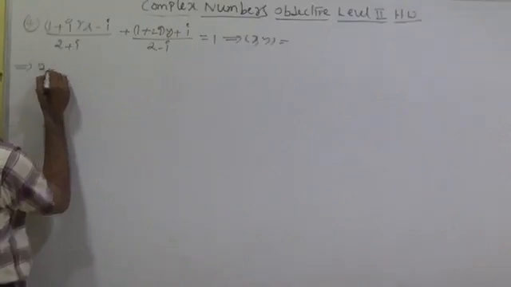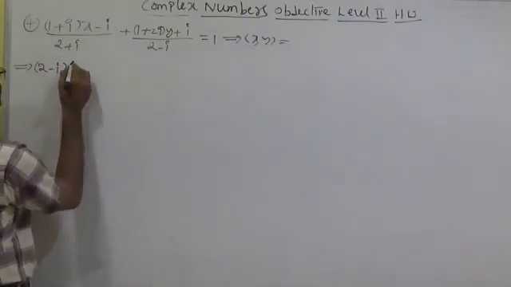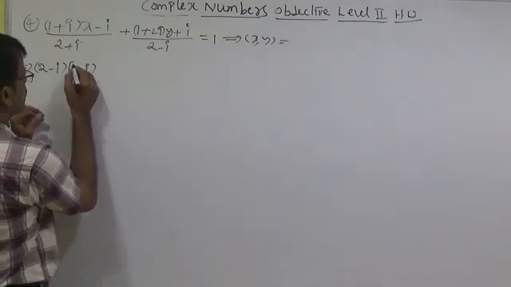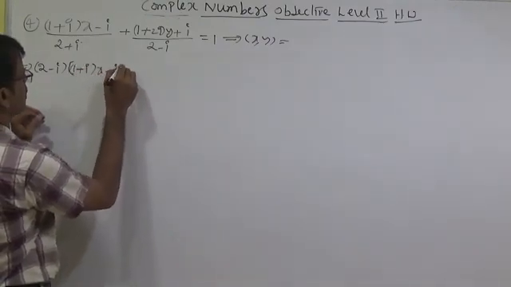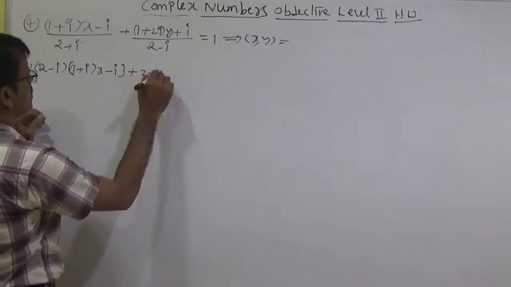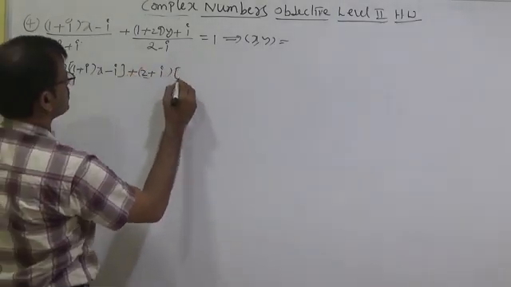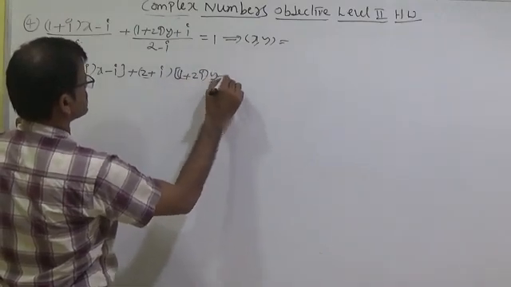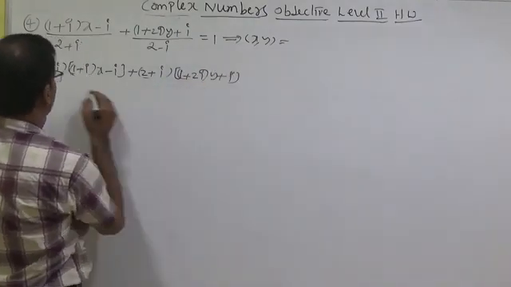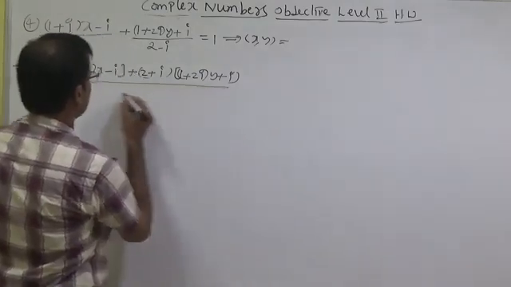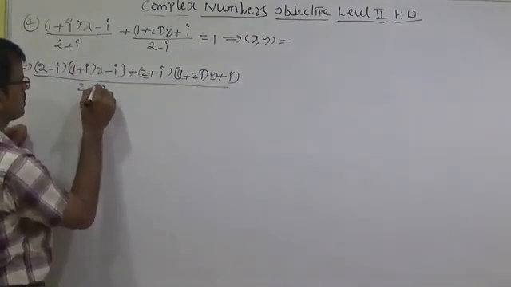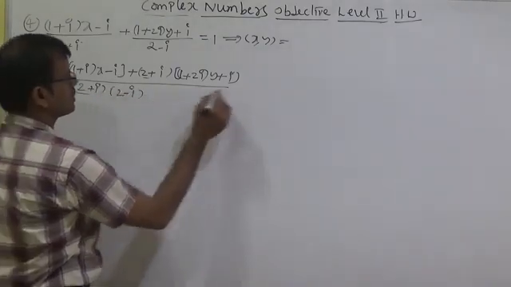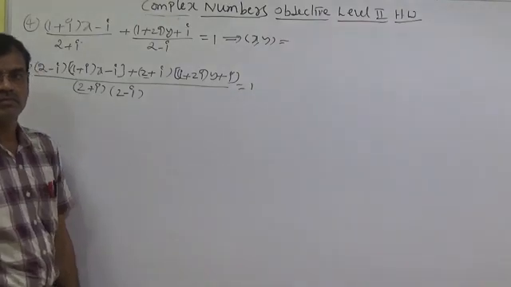By taking the LCM of the denominators, you should write like this: (2 − i)(1 + i)(x − i) plus (2 + i)(1 + 2i)(y + i), whole by the denominator (2 − i)(2 + i), that is equal to 1.